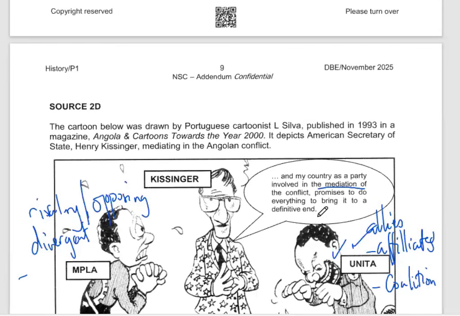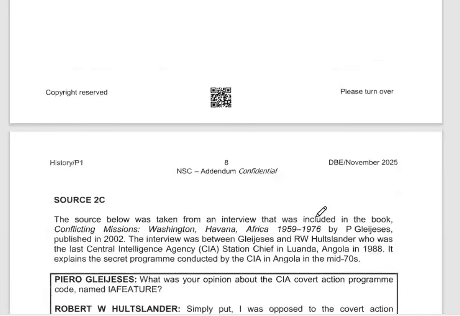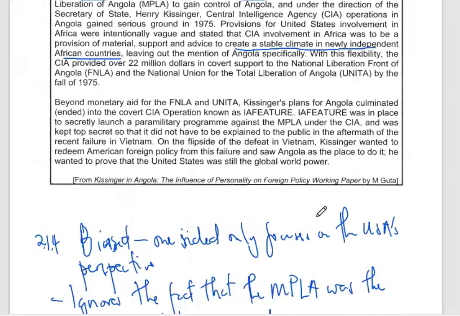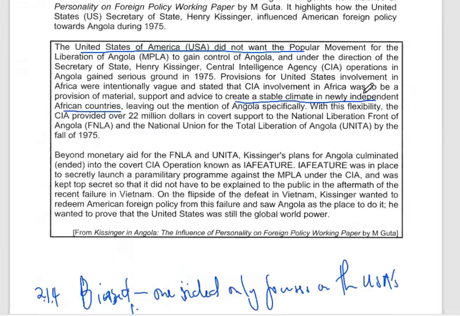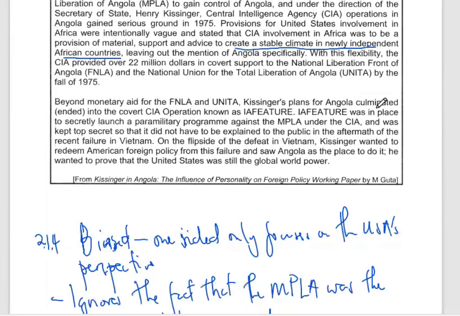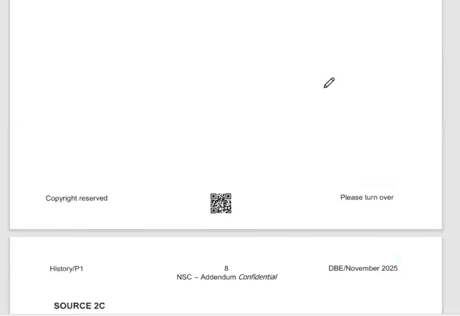It supports that. And also, if you go to source A, it talks about the USA providing covert aid. It talks about $22 million in covert support to FNLA and UNITA. How is that portrayed?